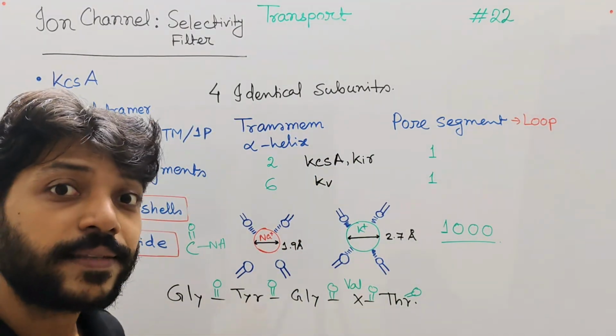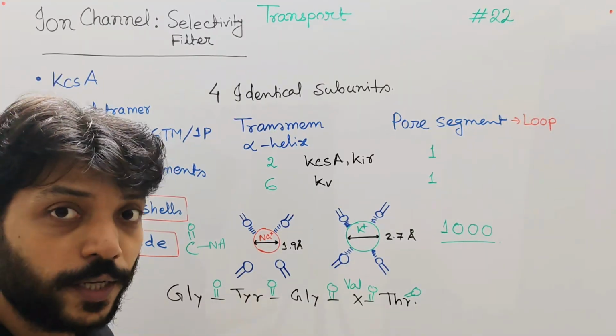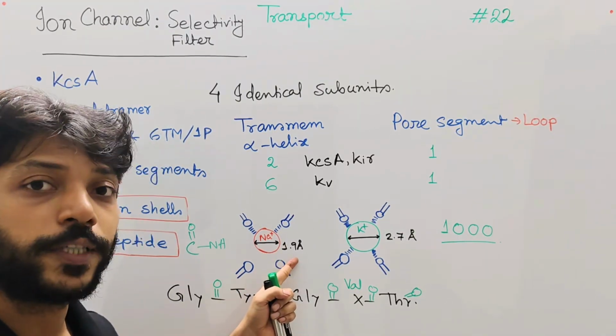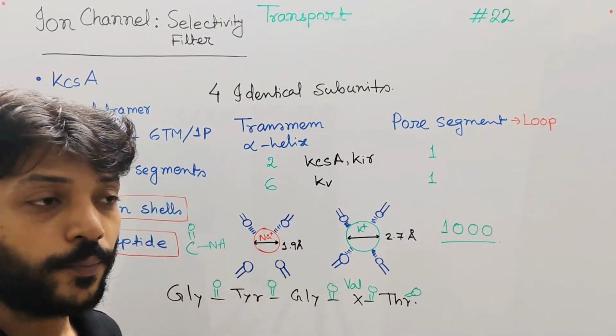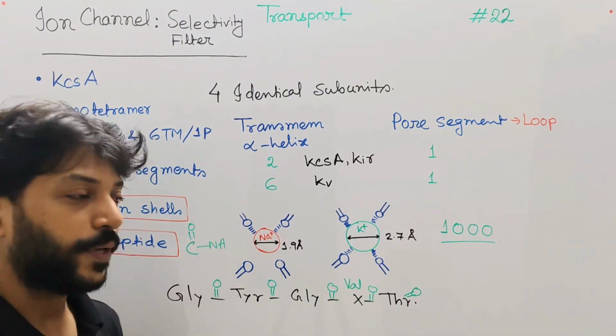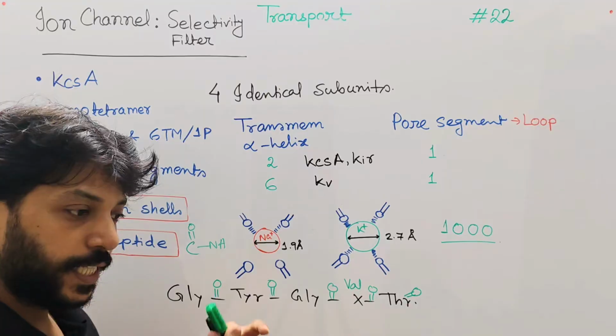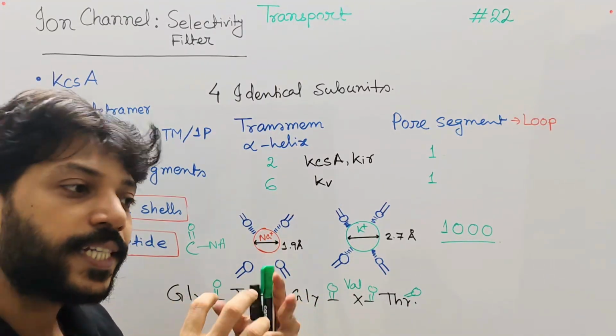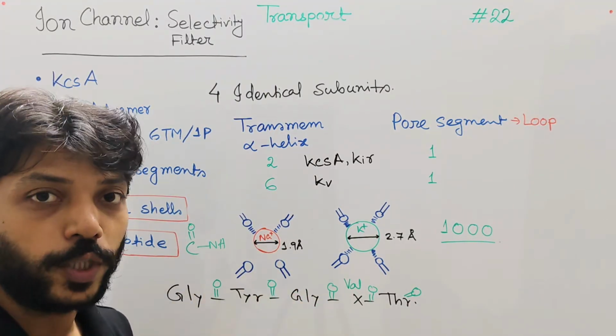Now how is this achieved? Because it is very phenomenal. Although sodium is smaller in size, it cannot enter the potassium channel or selectivity filter. So basically what happens when sodium is present in the hydration cell, it can interact with the oxygens of the 8 water molecules.